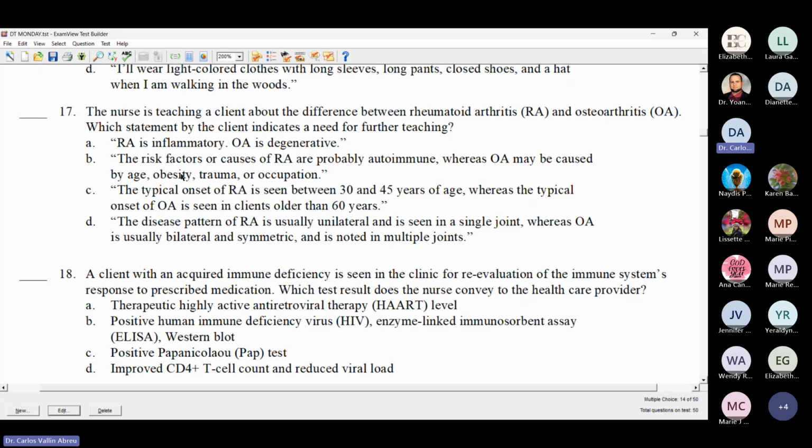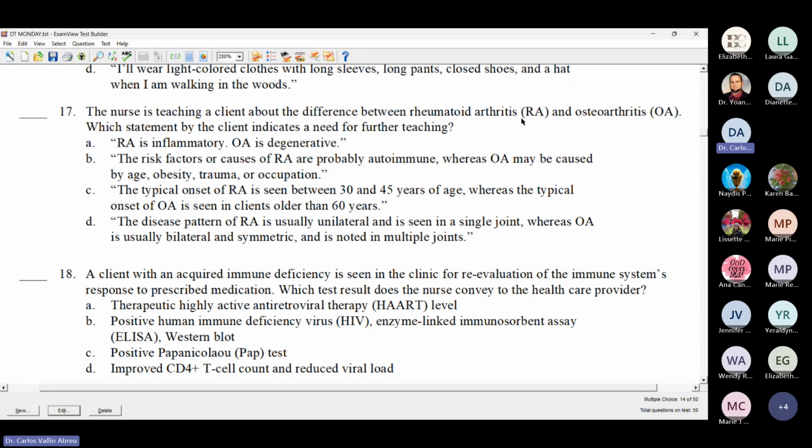Rheumatoid arthritis affects practically all the joints, so many, many joints. Degenerative joint disease is oligoarticular, so it affects much, much fewer joints. Okay, so is this in NCLEX? Yes. Okay, the difference should be known.